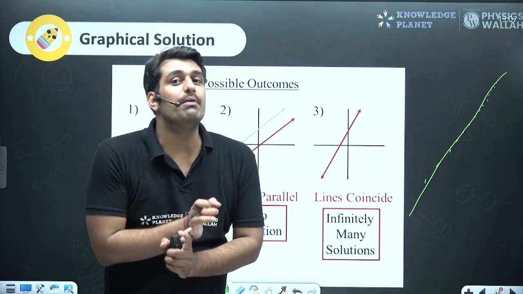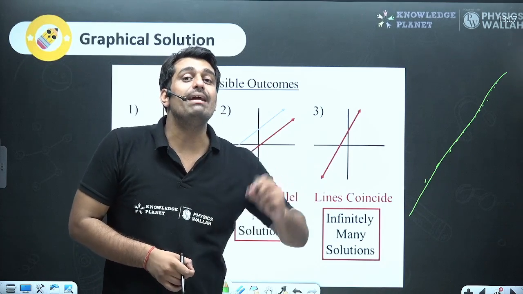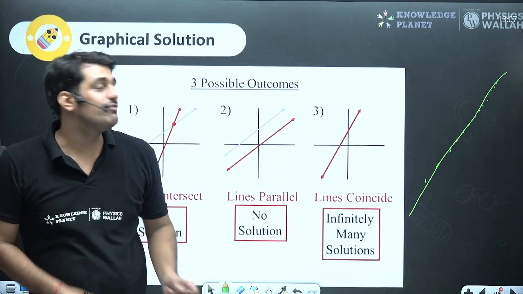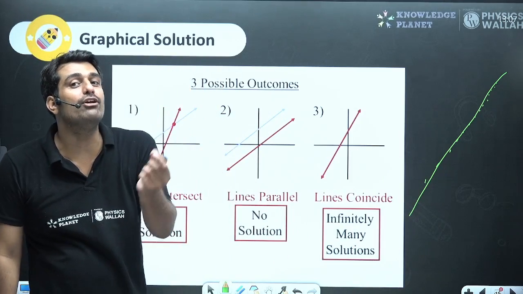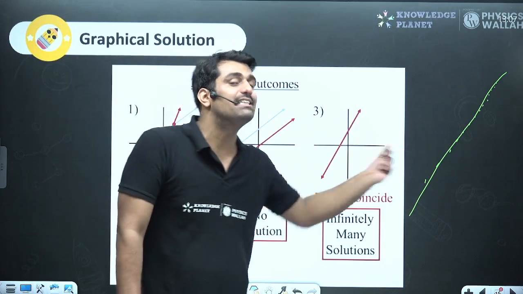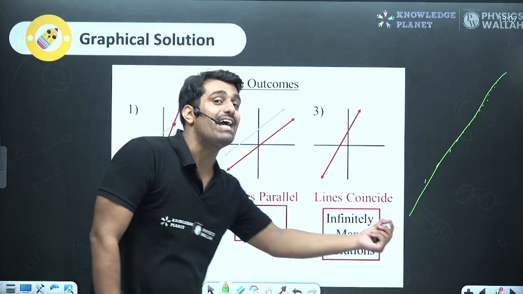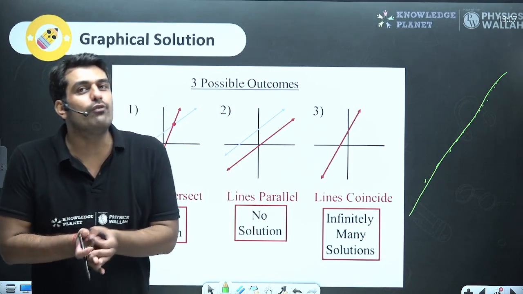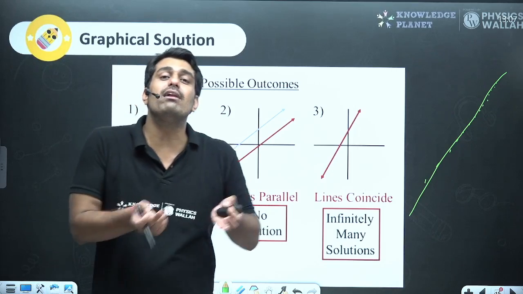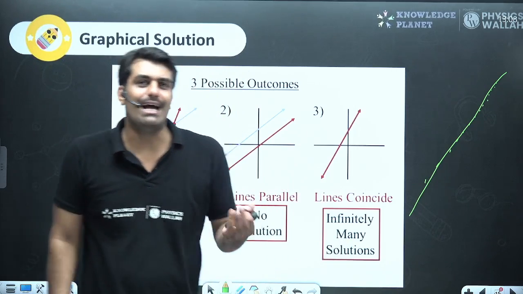These multiple points are basically the values of x and y. So there can be infinite values of x and y which will satisfy this given equation. Fair enough. And hence, when I say that the two lines coincide or the equations are the same, that means there will be infinite solutions, because you can put multiple value sets of x and y which will give you a fair solution. And that's the answer for you.